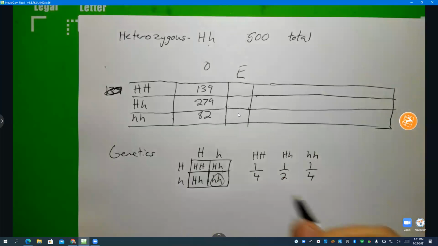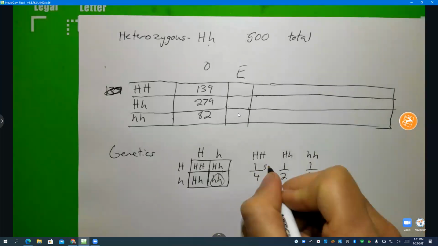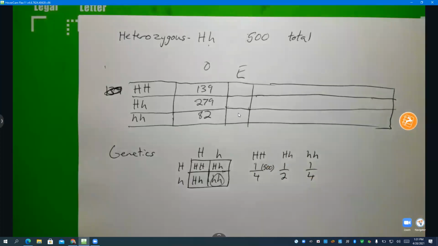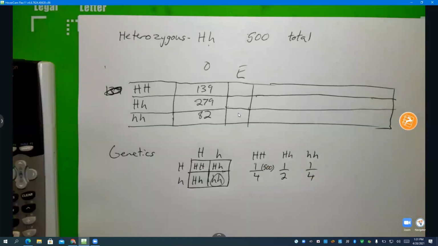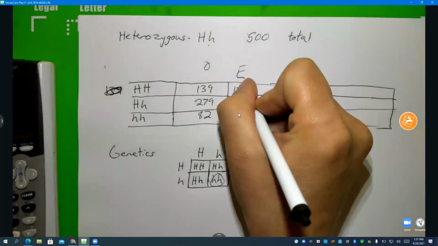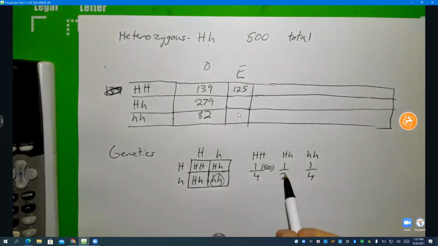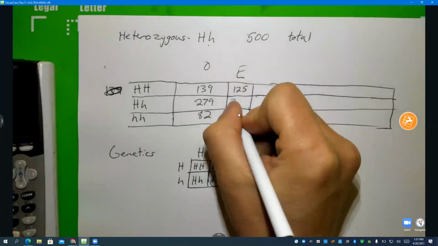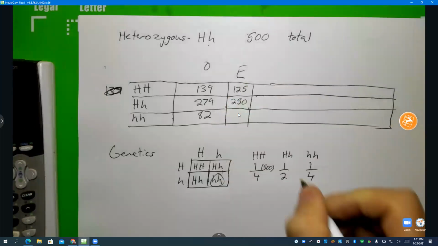And that's 1/4 of 500, which is 1 divided by 4 times 500, which is 125. Half of 500 is 250.